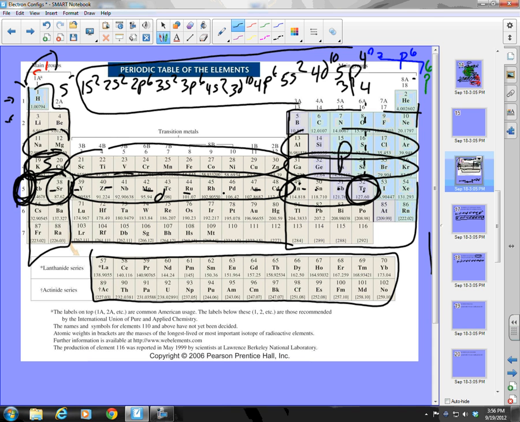So that is my tellurium. 1s2, 2s2, 2p6, 3s2, 3p6, 4s2, 3d10, 4p6, 5s2, 4d10, 5p. Let's clean that up. 5p4. 1, 2, 3, 4.